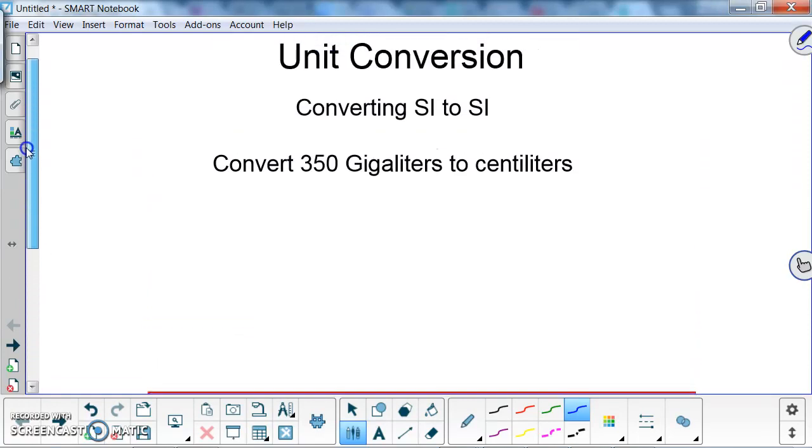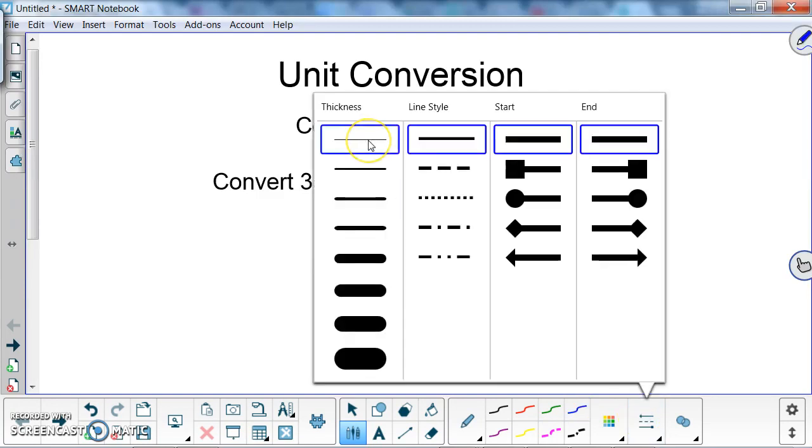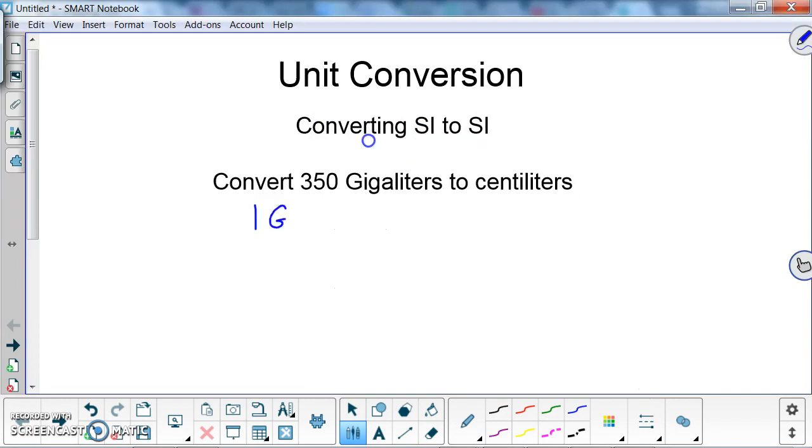What that essentially means is that if I have 1 gigaliter, that is equivalent to 10 to the 9th liters. And if I have 1 centiliter, I have 10 to the negative 2 liters.